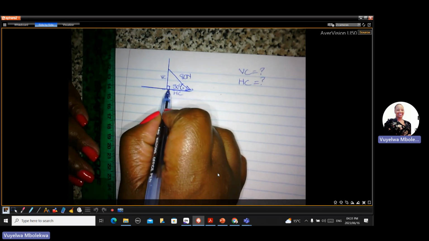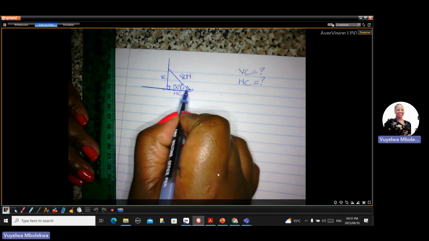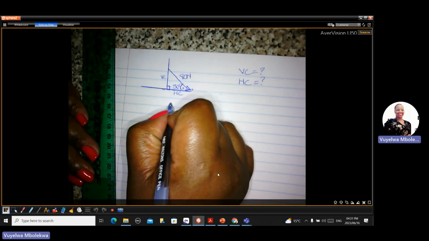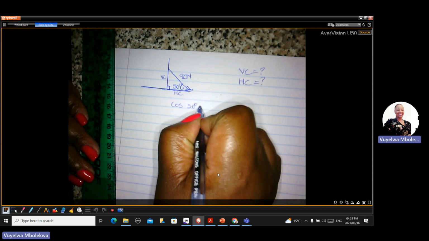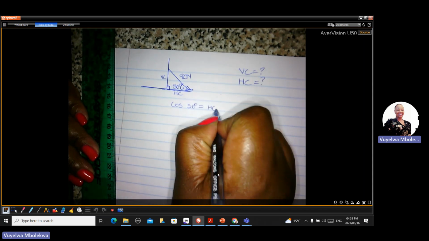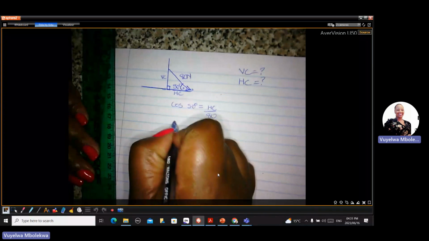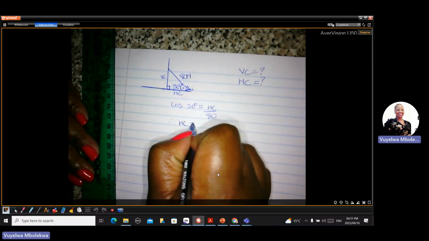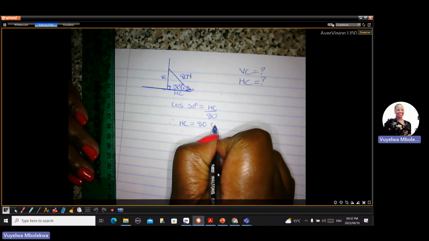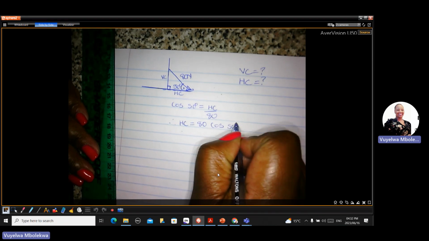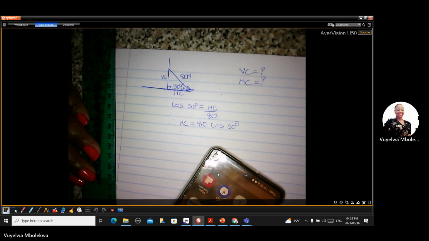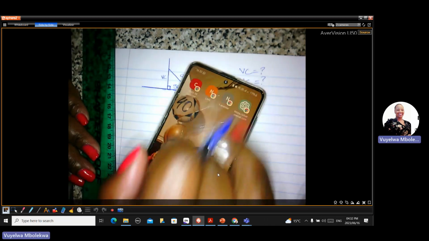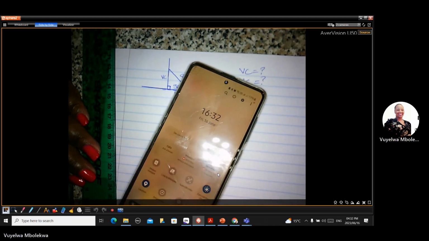And then to calculate horizontal component, because it's adjacent to the angle, you will say cos 50 degrees equals adjacent over hypotenuse. Therefore, the horizontal component will be 80 cos 50 degrees. There you just do your maths. So now let's do this maths.